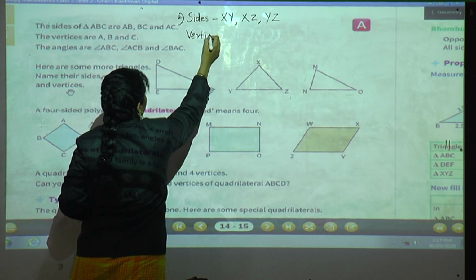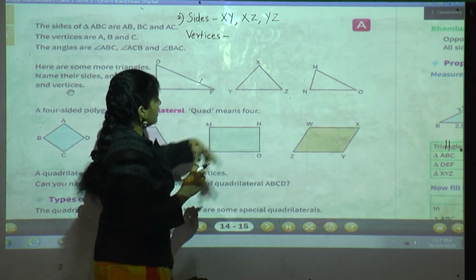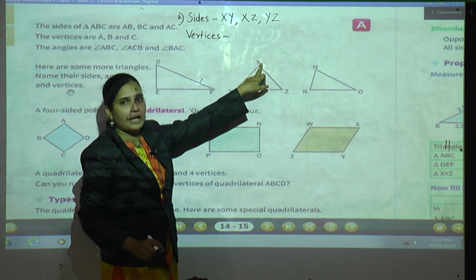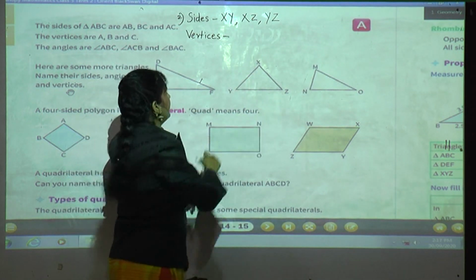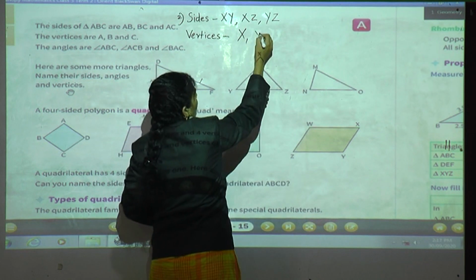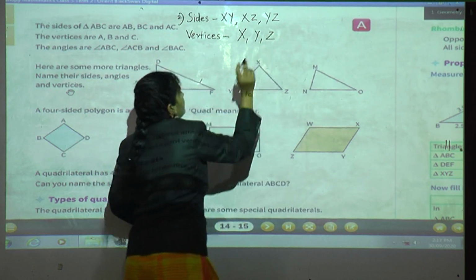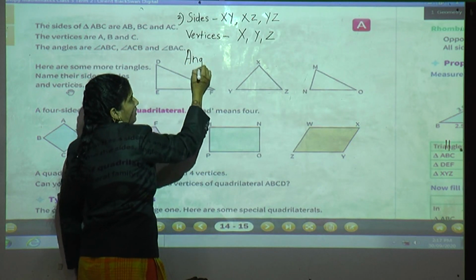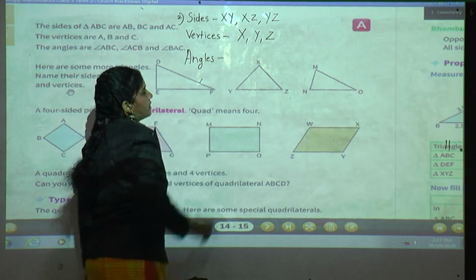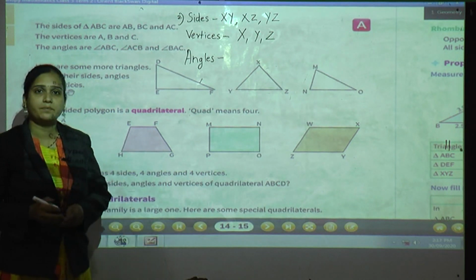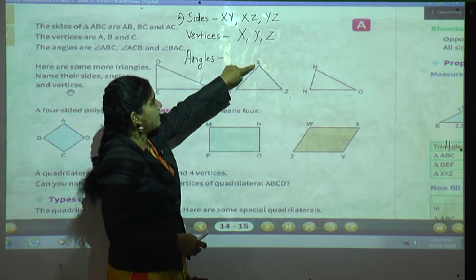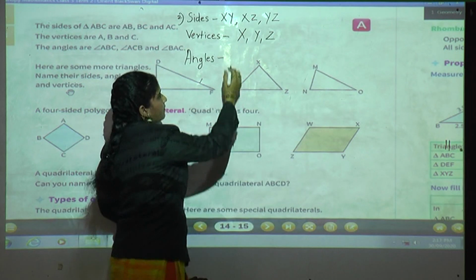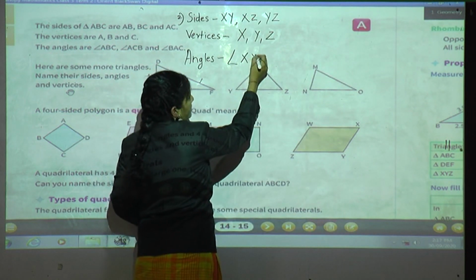What are the vertices here? X, Y and Z. Then angles. Yes, students? Angles. Tell me. Angle XYZ.